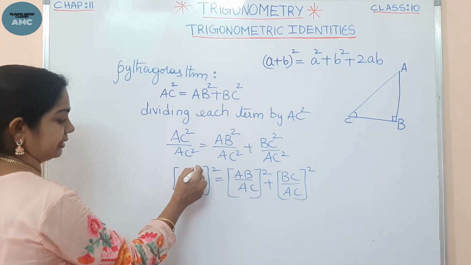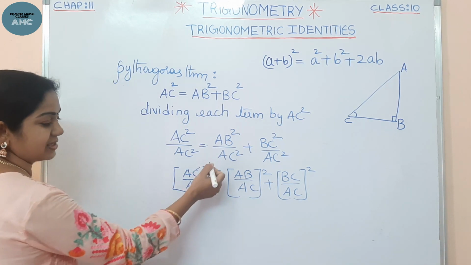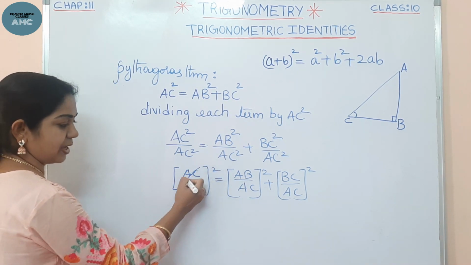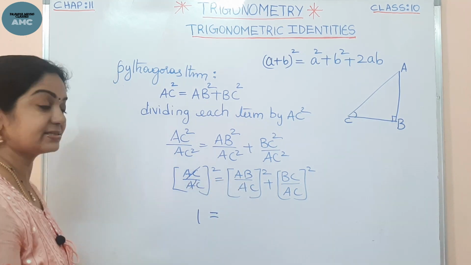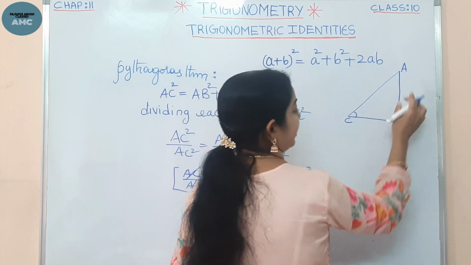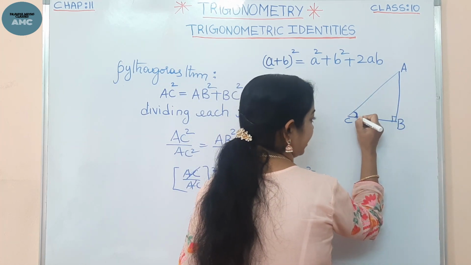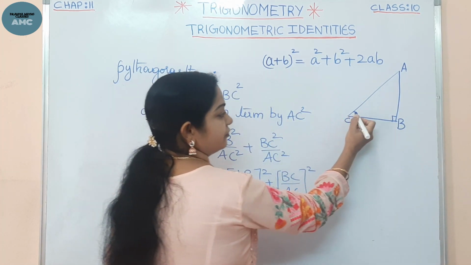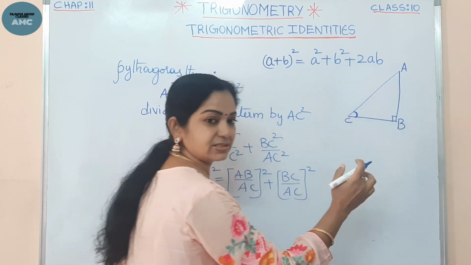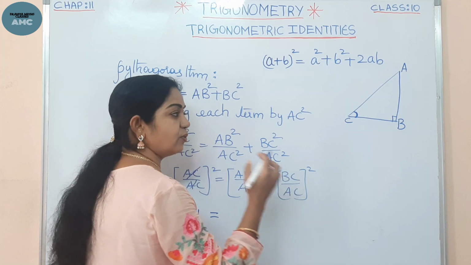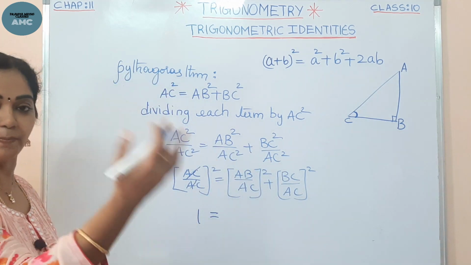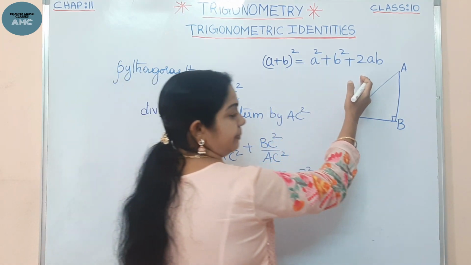You can write them as the whole squares. Now, here clearly AC by AC we can get rid of. That means 1 square. So, 1 square is nothing but just 1. Okay, AB by AC. Let's see. If I take the angle here, C, now for angle C, AB is the opposite side and AC is the hypotenuse. Now, which trigonometric ratio involves opposite side by hypotenuse?